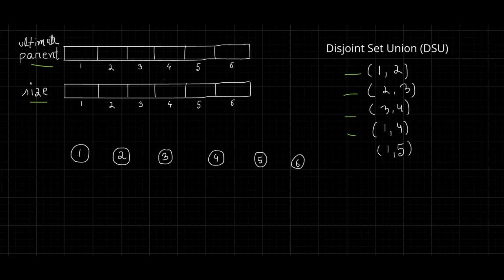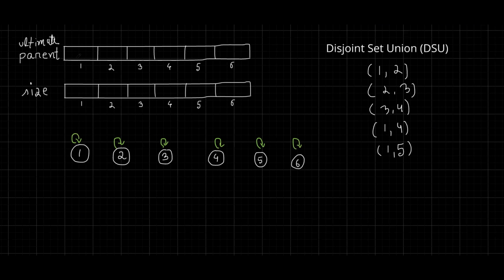So now let's see how we can solve this problem by using the disjoint set union data structure. Basically, we are given 6 nodes here. Now, all of the nodes are separated and each node is its own parent. That means 1 is parent to itself, 2 is parent to itself, 3 is parent to itself, and so on. Or we can say that every node is the ultimate parent of itself.